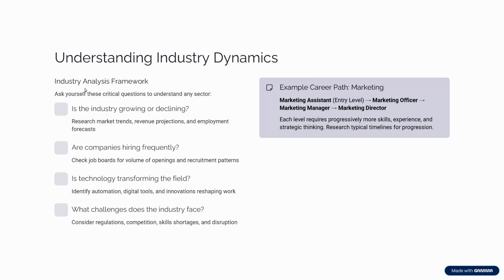There are certain careers that will become useless in a few years to come, and that's why you should look at the industry dynamics. Is the industry growing or declining? I already asked you today which industry is growing right now. Don't just focus on, oh, I love this, this is what I studied in school. Because when you're planning for your career, remember from the very first class, I told you that your career is like marriage. It is something you want to be doing for the rest of your life.